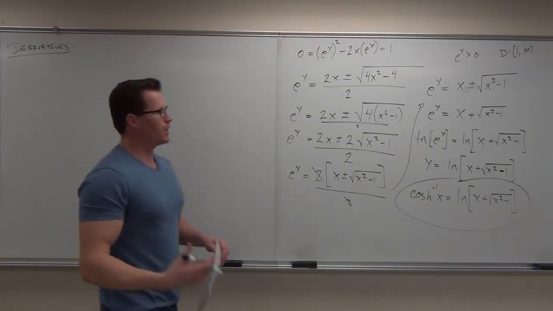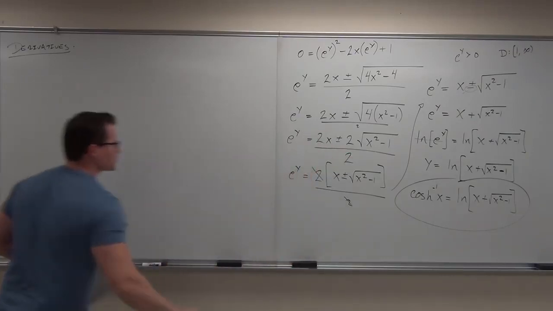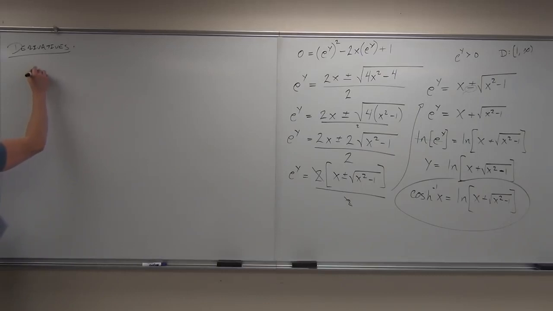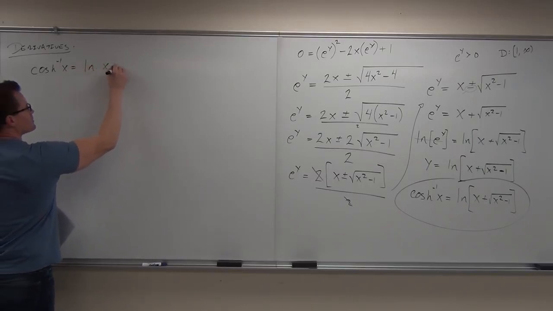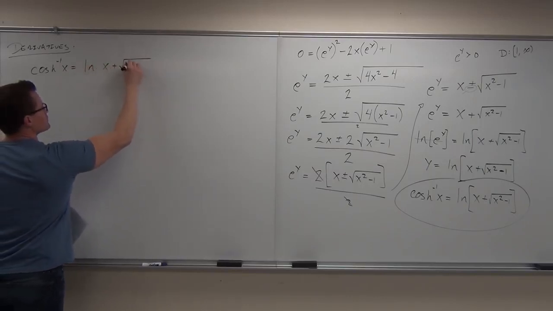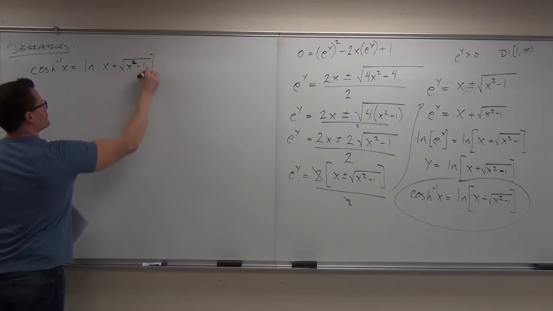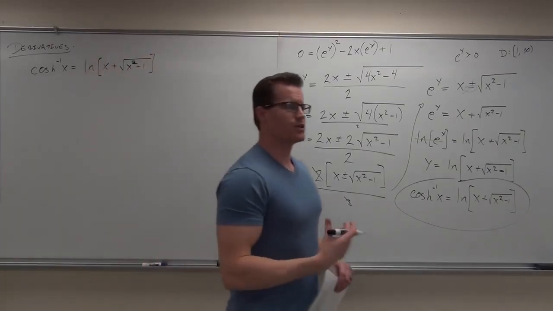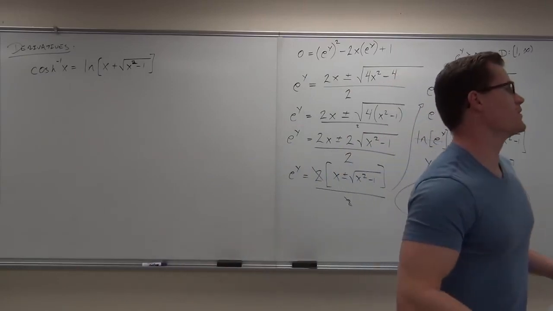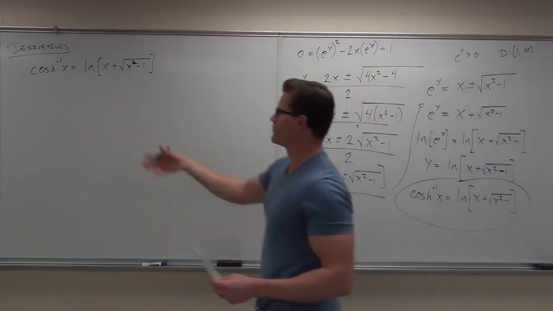What we know is that we just proved that hyperbolic cosine inverse is equal to ln x plus square root x squared minus 1. So we know that for a fact. Here's the deal. What I want to do right now is start finding out the derivatives of these things. What is the derivative of cosh inverse?